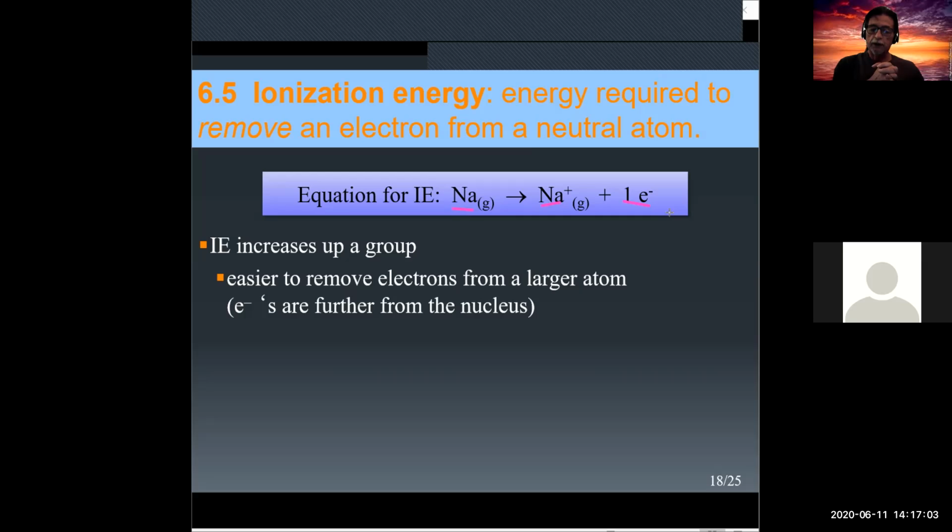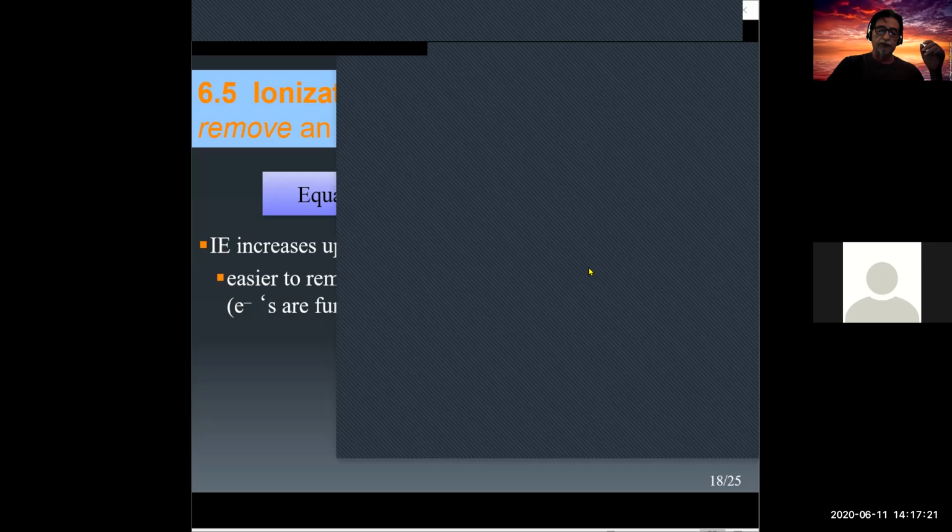Now, the trend is the IE, ionization energy, increases up a group. It's easier to remove an electron from a larger atom. So let's think about that for a second. Let's go back to the periodic table.